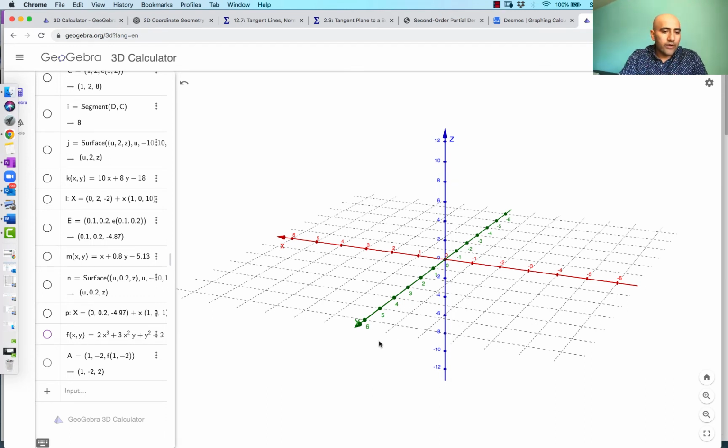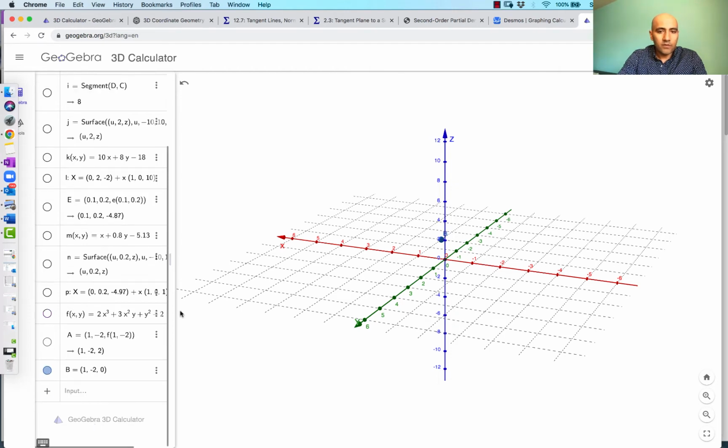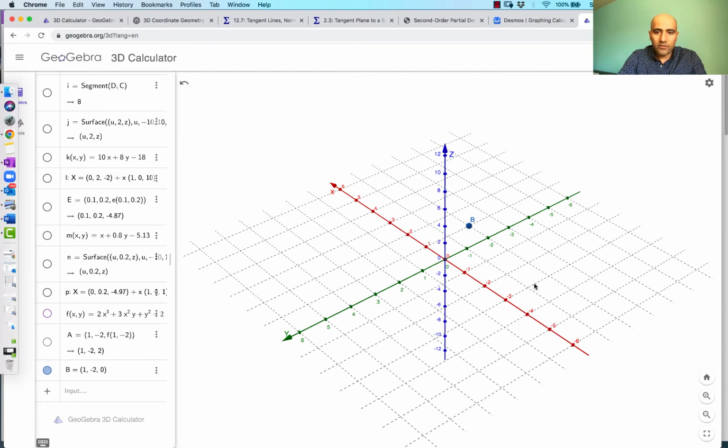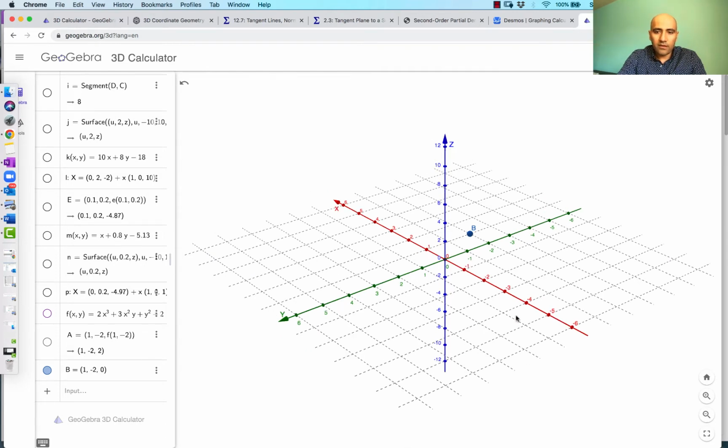We were working with the point 1 comma negative 2, so let's graph that point. 1 comma negative 2 comma 0 is the point we were interested in. So that becomes this point on the domain, just on this sheet here. Let me gray it out.